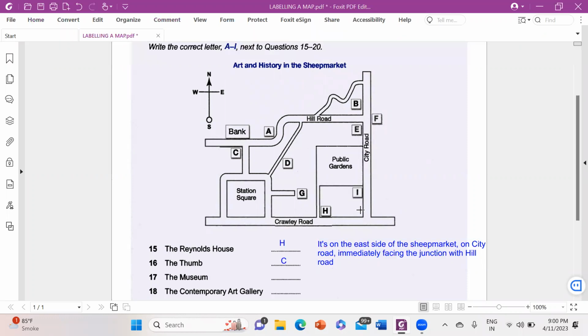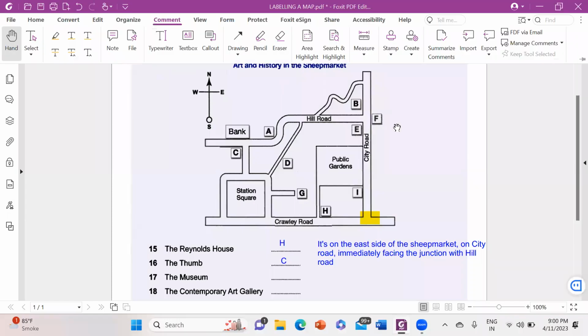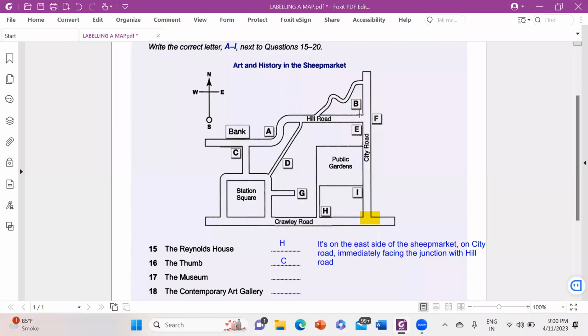This is junction number 1, this is junction number 2. And what did they say? Immediately facing the junction with the Hill Road. F is the only place that is facing the junction with Hill Road. So the answer has to be F.